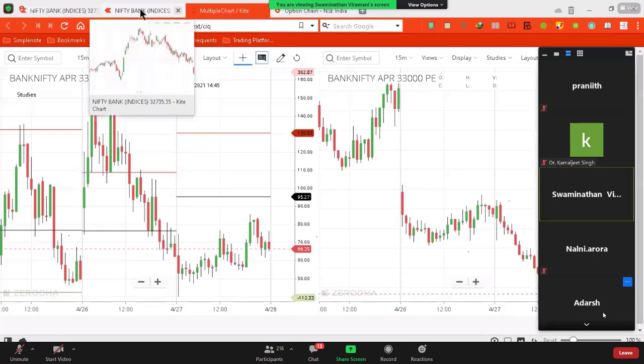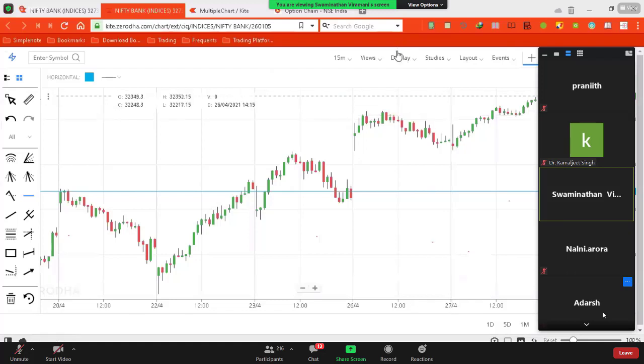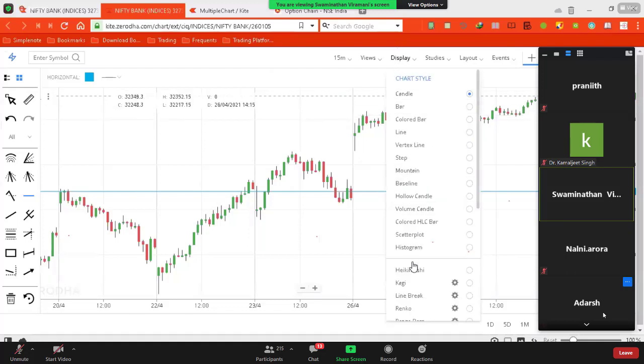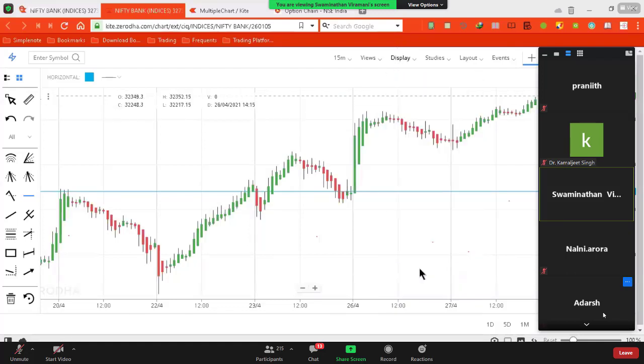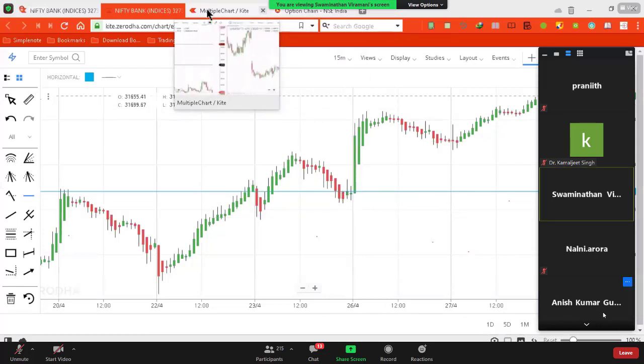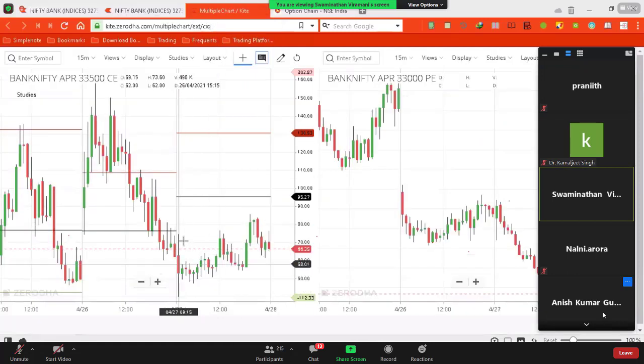So what you do is, you look at your Heiken Ashi chart even on the spot chart. This will help you prevent a bad trade. Swaminathan sir asks: do you wait for the next candle to close? I don't. As soon as I see a red candle, I start placing my buy order above the high.